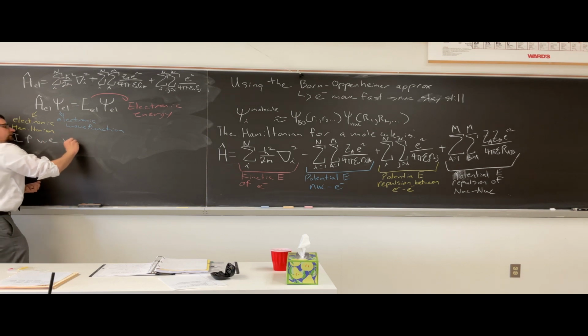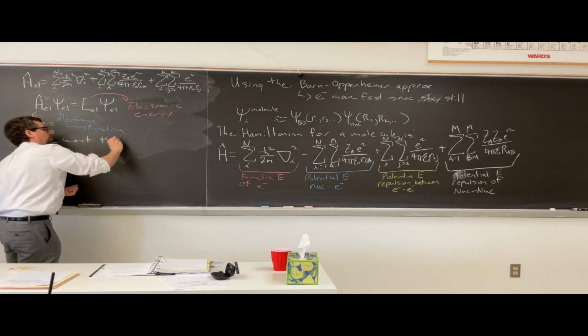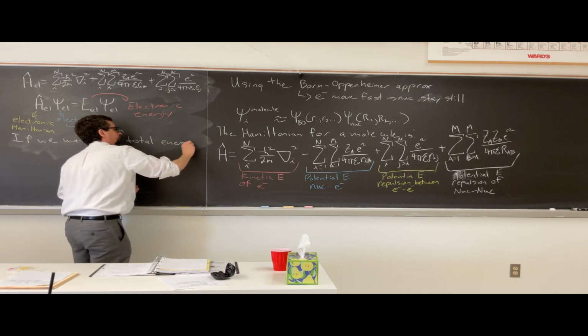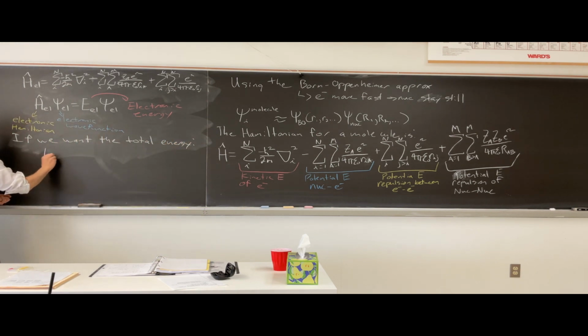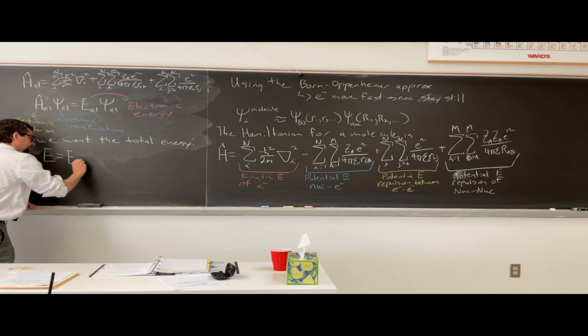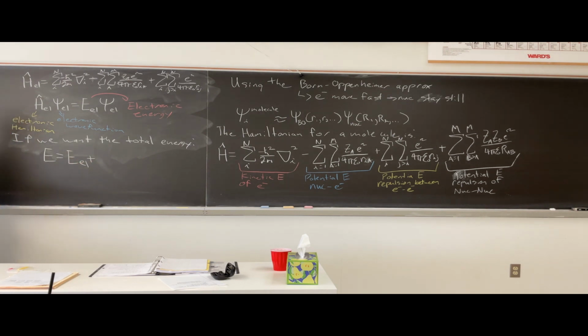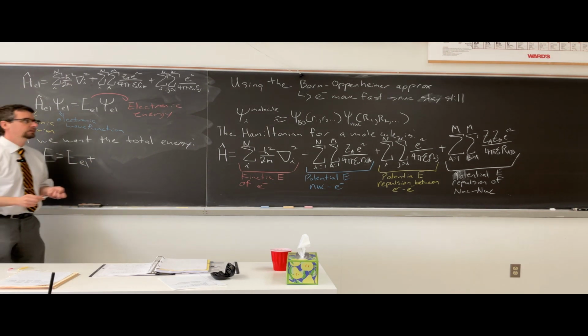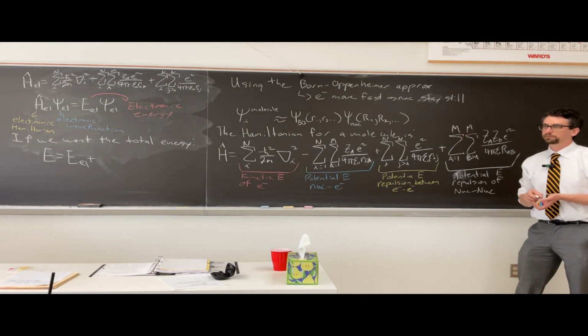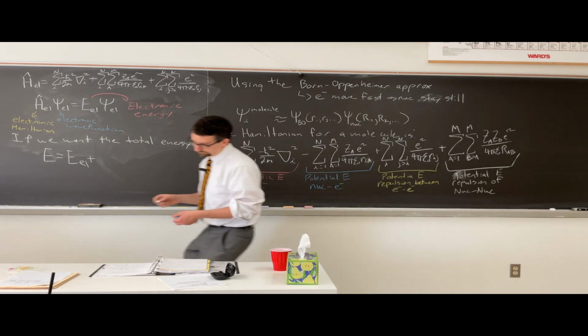If we want total energy, which we're going to express as just E, some people like to put E total, it is going to be our electronic energy plus, what else do we need, at least based upon our Hamiltonian, to get back there? Yeah, that last term.